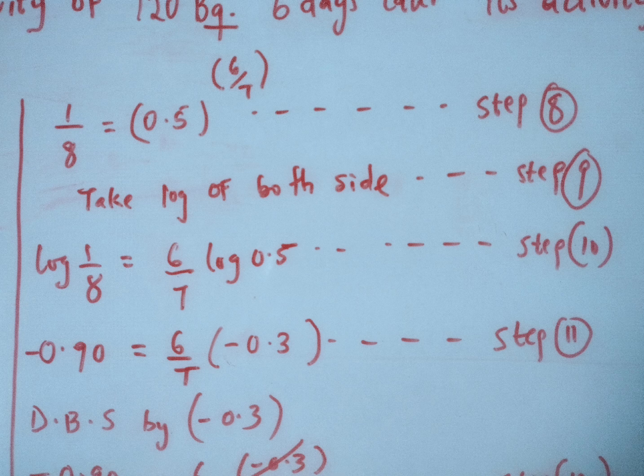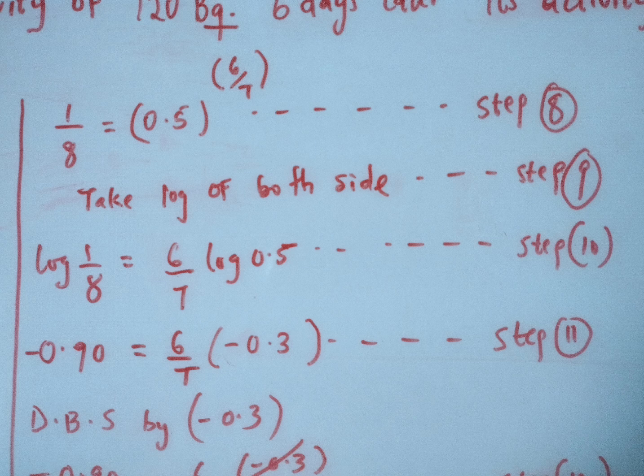That's step 9. Log of 1 over 8 equals, then when you're taking the log, if you study the law of logarithms, when you take the log of a power, the power comes to the other side. So we have 6 over t times log 0.5. That's step 10.